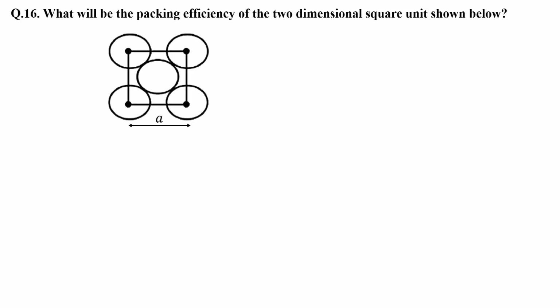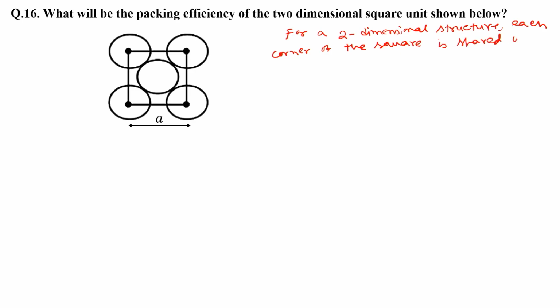For a two-dimensional structure, each corner of the square is shared with four unit cells.